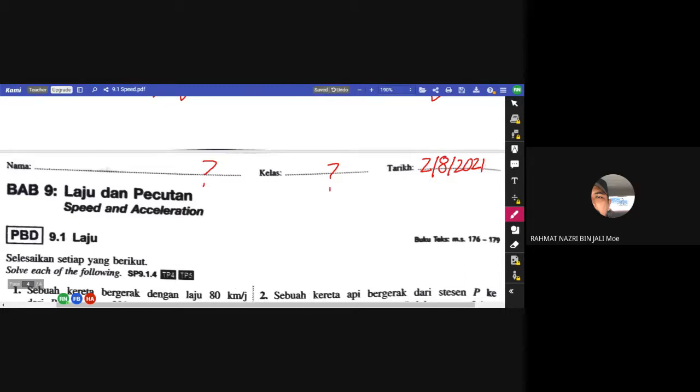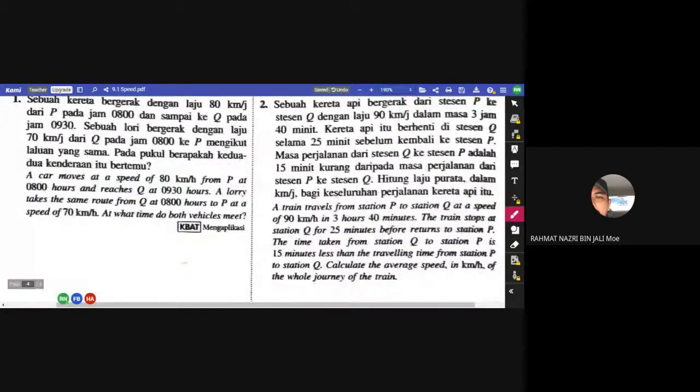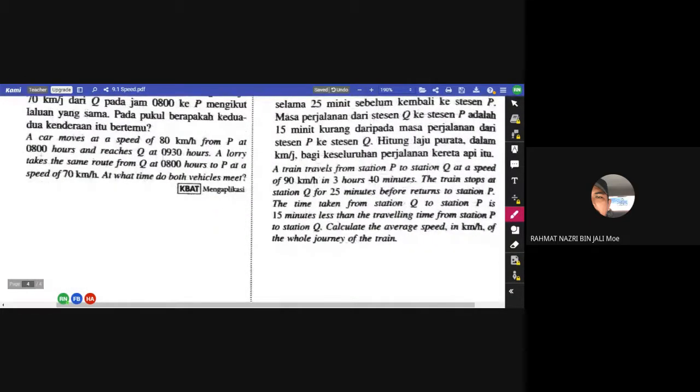This is the next level of speed, which is related to our daily life and the situation. So let me go through one by one, solve each of the following. Question number 1. A car moves at a speed of 80 km per hour from P at 0800 hours and reaches Q at 0930 hours.